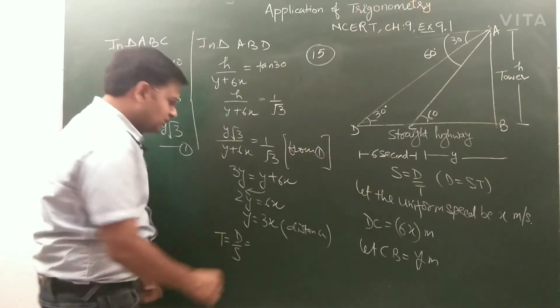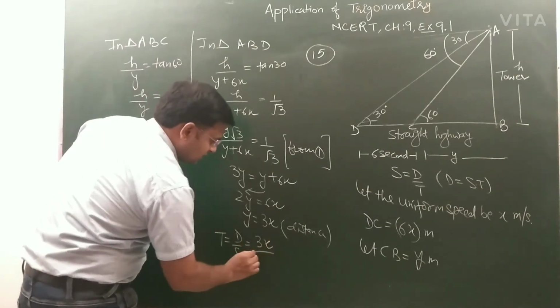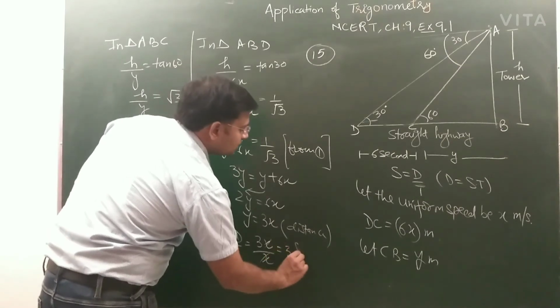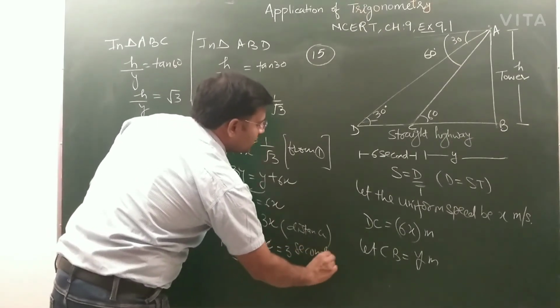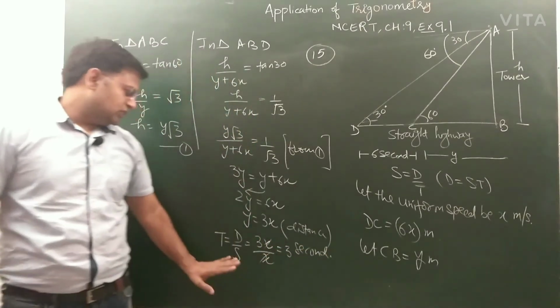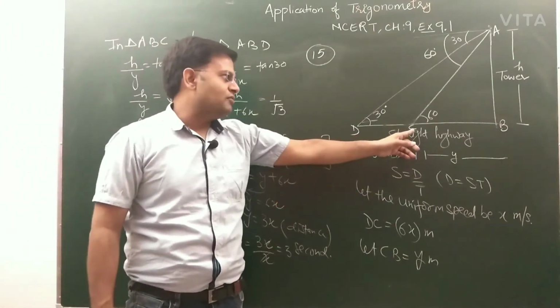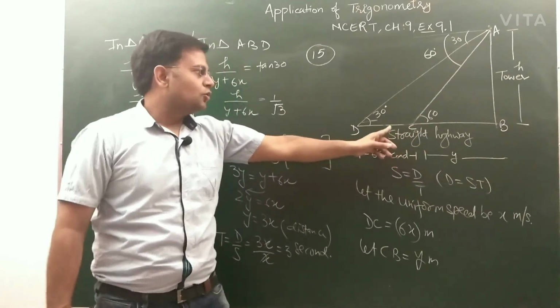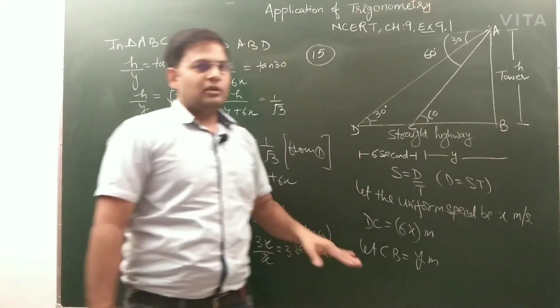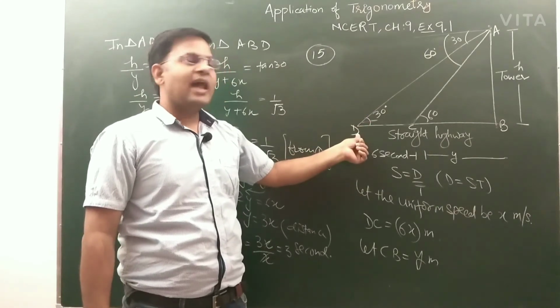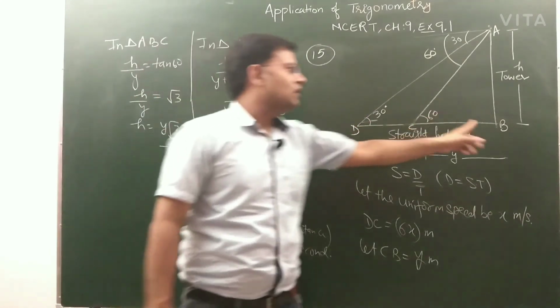Distance is 3x, speed is x, so x cancels, and this comes as 3 seconds. So this is your answer. You can write the final statement that the car will take 3 seconds to reach from C to B. But if you want to explain a little more, you can also write that the car will take 9 seconds to reach from D to B.